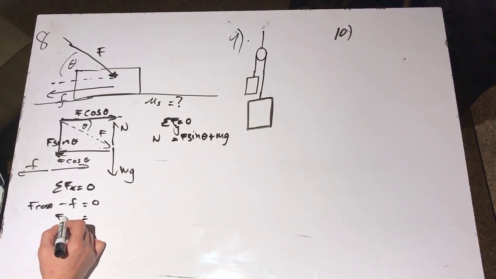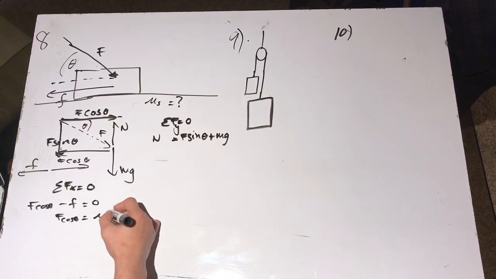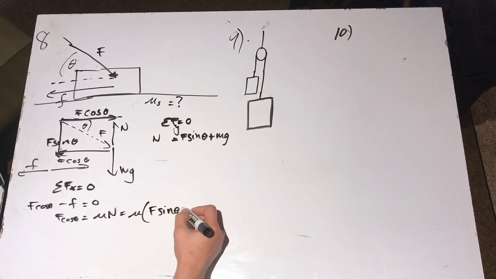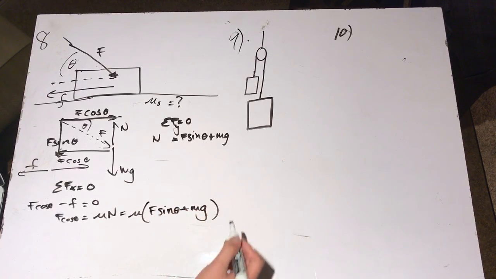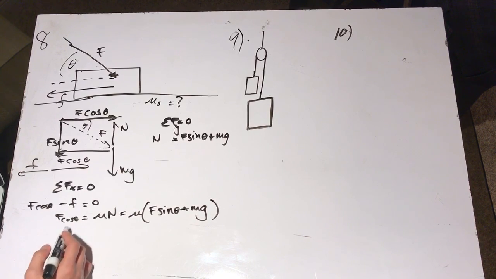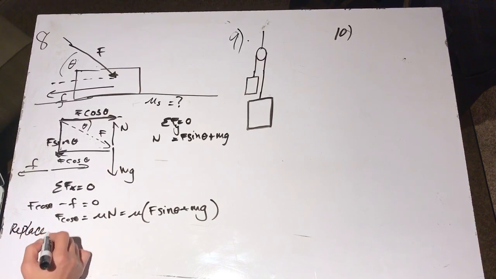When I rearrange the equation, your frictional force is equal to mu N. And N is actually F sine theta plus mg. So I'm just going to replace the variable.